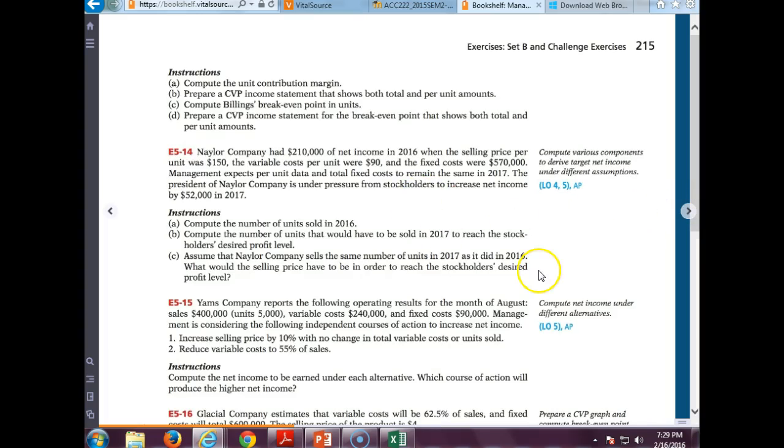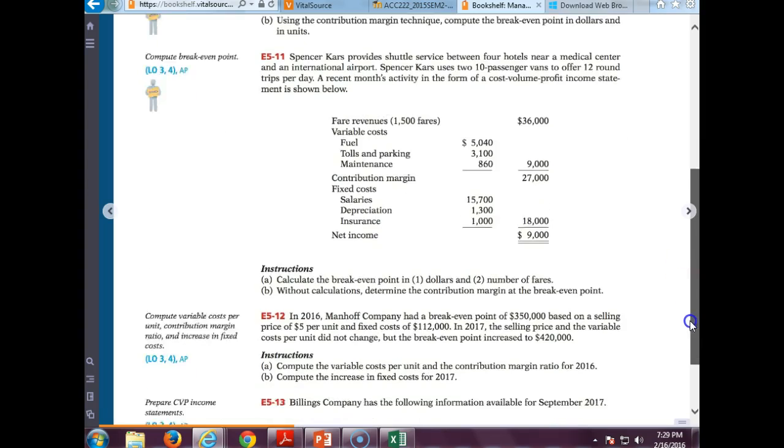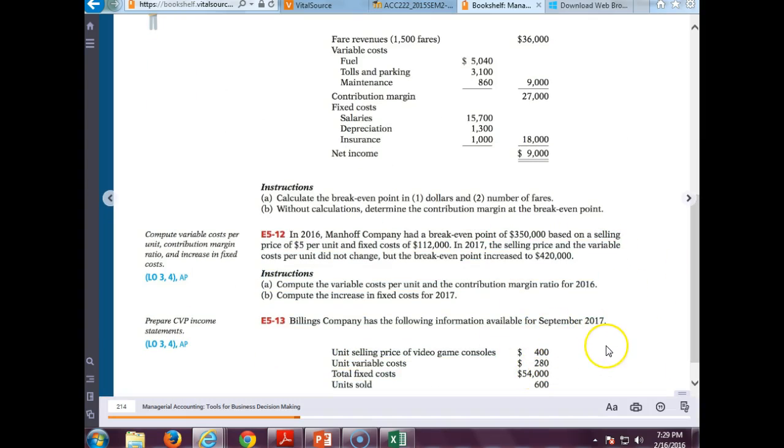Compute the unit contribution margin. Okay, guys? The selling price is how much? 400. The variable costs are 280. What would that make our contribution margin? 120, right? The 120 is our contribution margin.